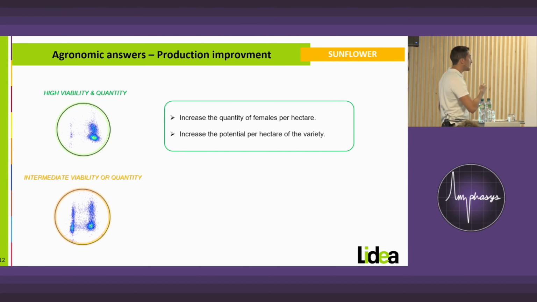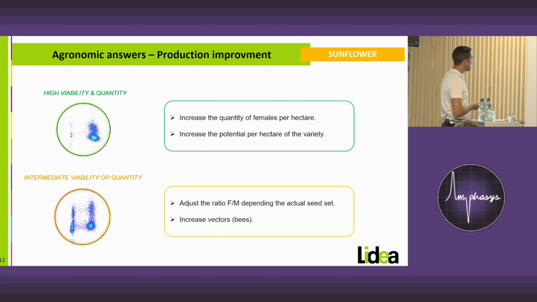With the old techniques, it was not possible to do that in the first year. Concerning the second group, the intermediate viability or quantity, we will adjust the ratio between the females and the males, depending on the fecundation we have in our production fields. Also, it's possible to increase the vectors, like bees, to transport more pollen, to fecundate the females better.